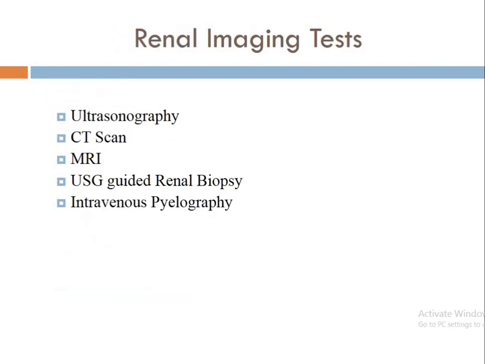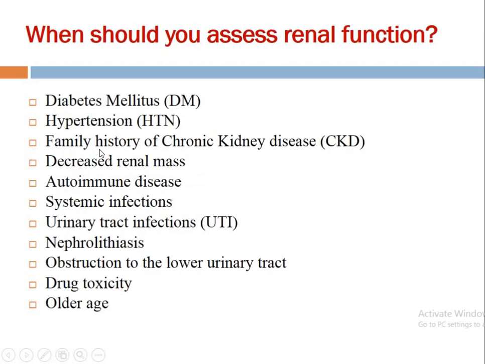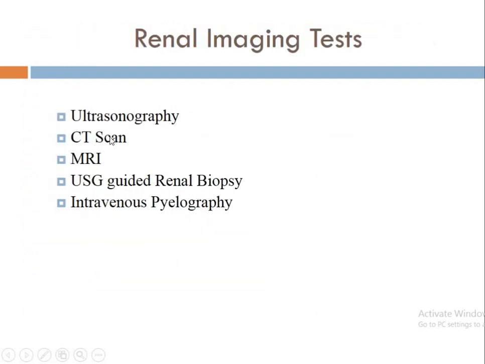Then renal functioning can also be assessed through various imaging tests. These can be ultrasonography, as it is done for other organs also, the CT scan or computed tomography scan, and MRI, that is magnetic resonance imaging.